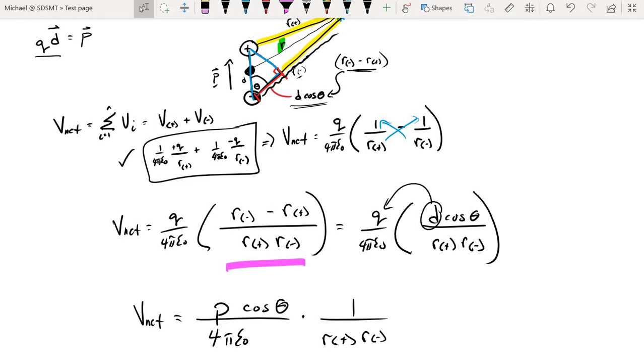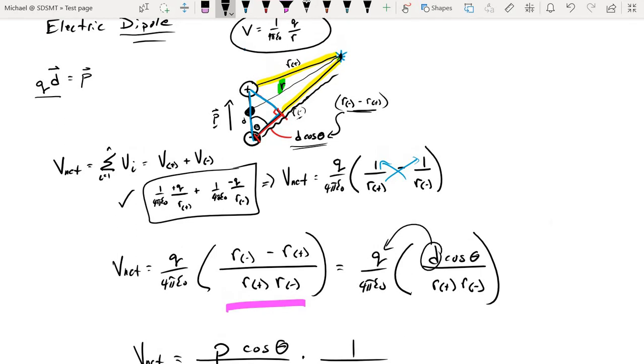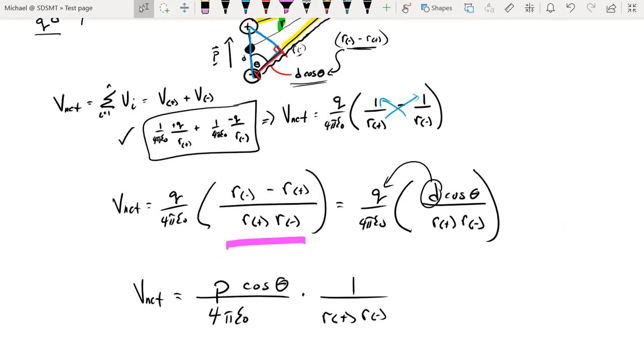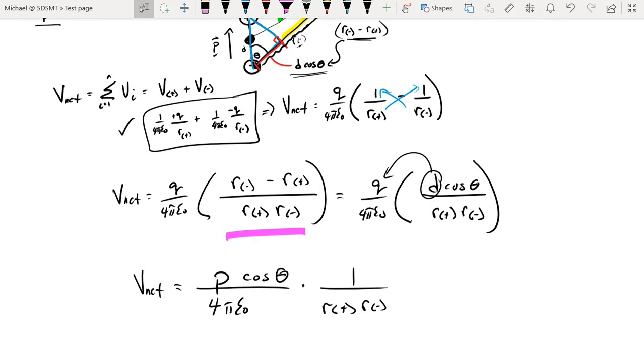But then that cosine theta, what does that cosine theta mean? Usually, whenever cosine theta shows up, it means that there's been some kind of angle relationship between vectors. And, well, this is an electric potential, it's a scalar.